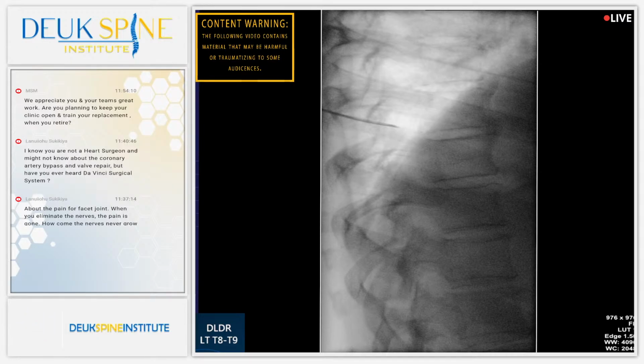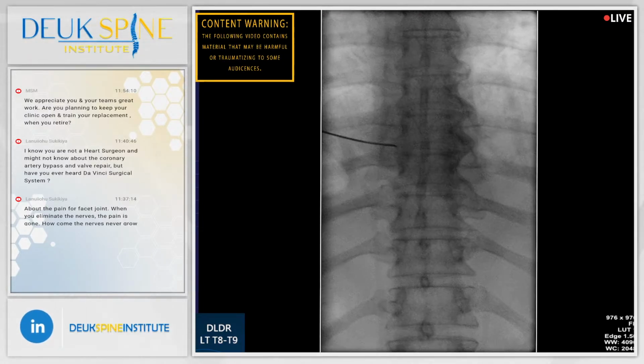Maybe on the lateral we're a mile away. Show me an AP. See, on the AP we're right where we want to be, but on the lateral we're too far. When we're where we want to be on the lateral, we're not where we want to be on the AP. This is his rib pushing me away.